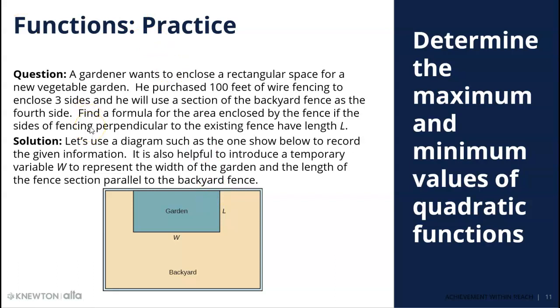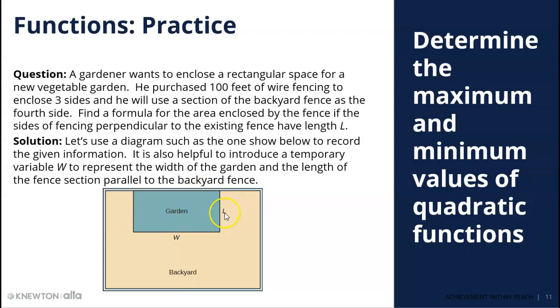Now we want to find the formula for the area enclosed by the fence. So that means we want to find the area of this rectangular box here. We will just use the formula for the area of a rectangle.